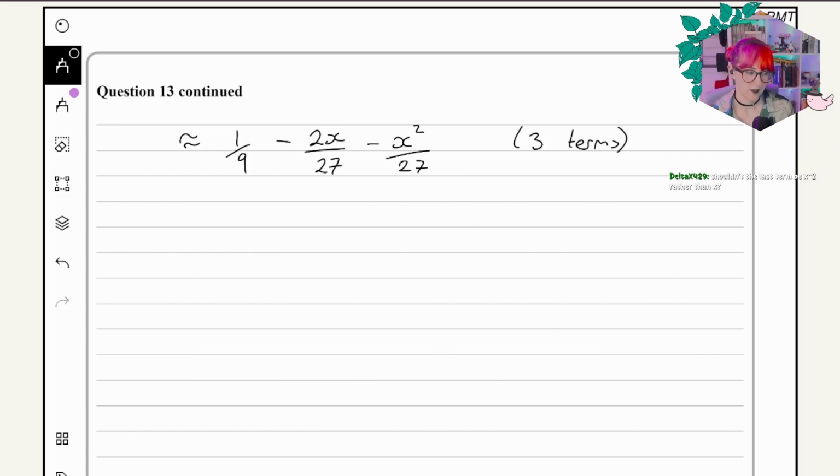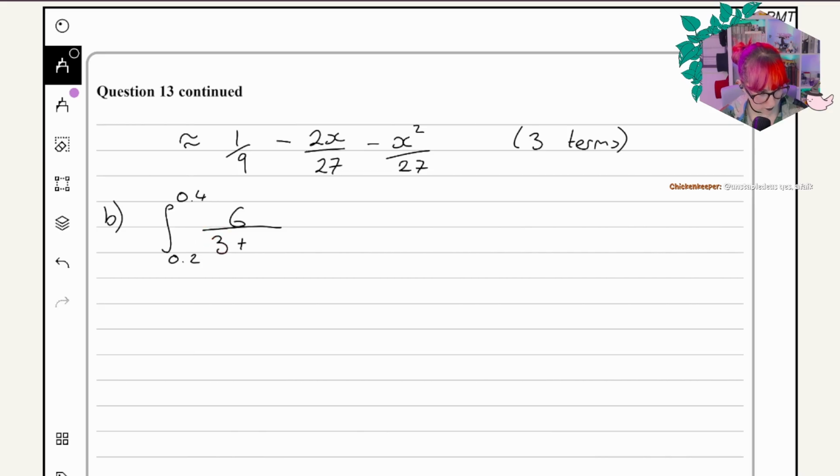3 terms. Okay, so we now have our expression. Then part B tells us to use the answer to part A to estimate the value of the integral from 0.2 to 0.4 of 6 over (3 + x)^2 dx. So that is going to be approximately equal to the integral from 0.2 to 0.4.